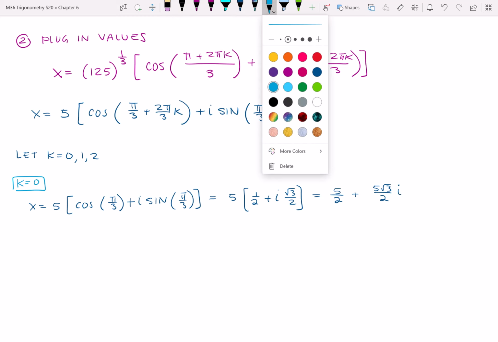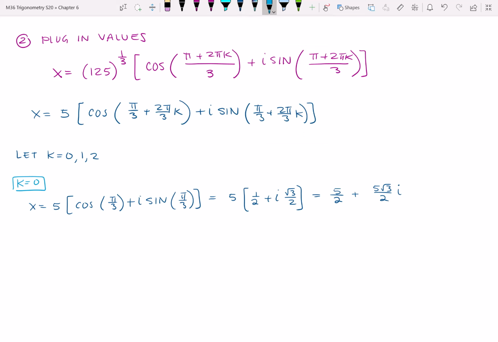Now let's plug in k equals 1. So we get x is equal to 5 cosine of pi over 3 plus 2 pi over 3, because k is equal to 1 here, plus i sine of pi over 3 plus 2 pi over 3.